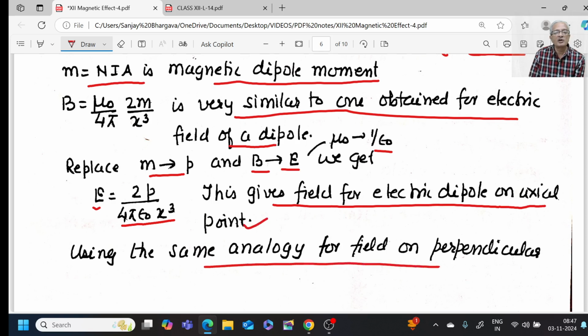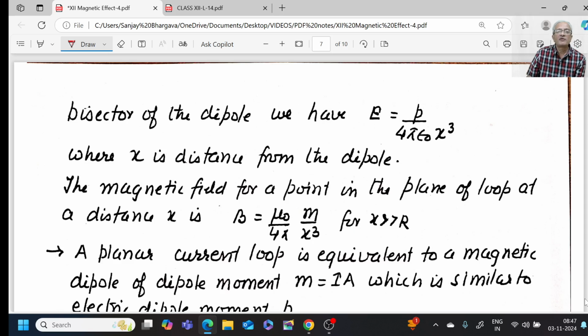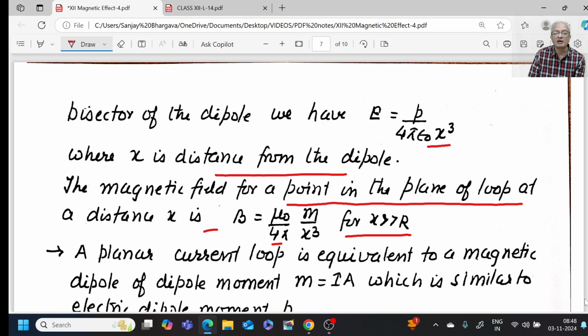Using the same analogy for the field on the perpendicular axis, we have E is equal to P upon 4 pi epsilon 0 x cube, where x is the distance from the dipole. The magnetic field for a point in the plane of the loop at a distance x would be given by mu 0 upon 4 pi m upon x cube for x very much greater than r.